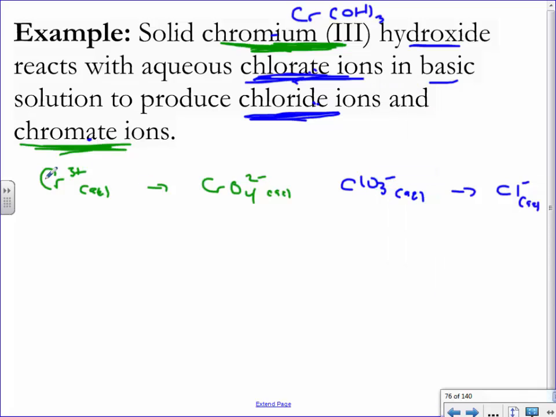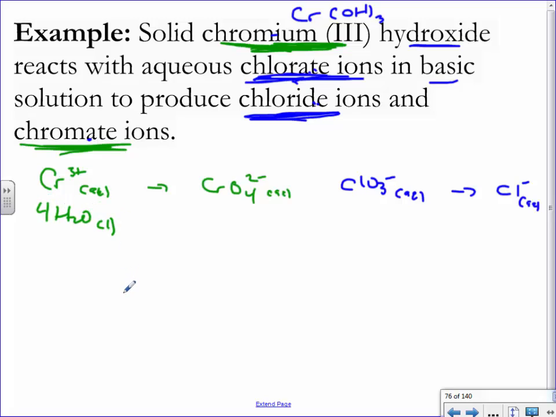Okay. Let's try working with this one here first. Isn't the chromium balanced? Yeah. One chromium to one chromium. Here's why we're going to need hydroxides, though. Is the oxygen balanced? No. There's 4 oxygens over here. I need oxygen on this side right here. Well, it's actually best if you just do what we did last time. To figure out the oxygens that go over here, why don't I make this 4 waters on this side?